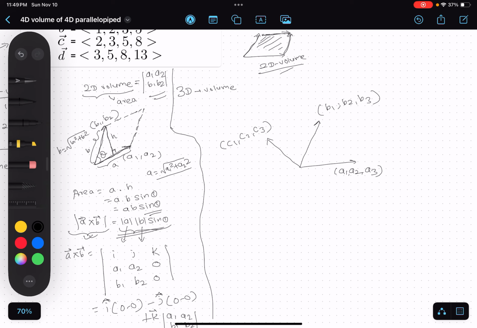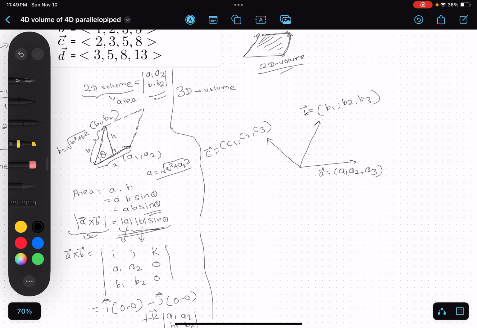Let this be the a vector, let this be the b vector, let this be the c vector. Let's say a vector and b vector are both in the xy plane. We can just assume that, because even if they are not, we can rotate our 3 dimensions to make them be in the xy plane, and c be in any other plane out of the xy, in a random direction. So now in that case, how will we try to find the volume of the parallelepiped?